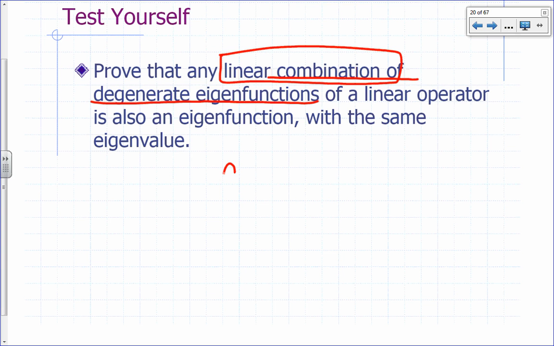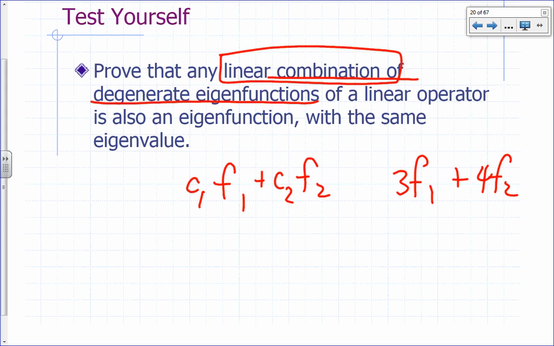If I have two functions, f1 and f2, a linear combination of f1 and f2 is a function that is a constant times f1 plus another constant times f2. So c1 f1 plus c2 f2, where c1 and c2 can be any constants. So, for example, 3f1 plus 4f2, that's a linear combination.